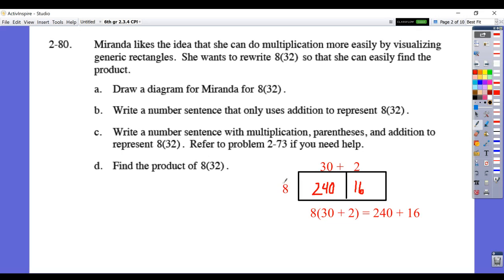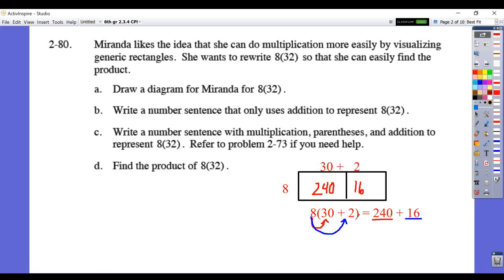distributive property. So what's happening is the 8 is being multiplied by 32, which we've broken into 30 plus 2. And then that means that you can take the 8 times 30 to get this product, and then you can take the 8 times the 2 to get this product.